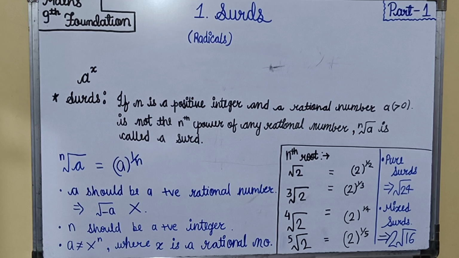After that, the third point will be rationalization of surds, and the fourth point will be conjugate surds. We'll slowly learn every part and everything.